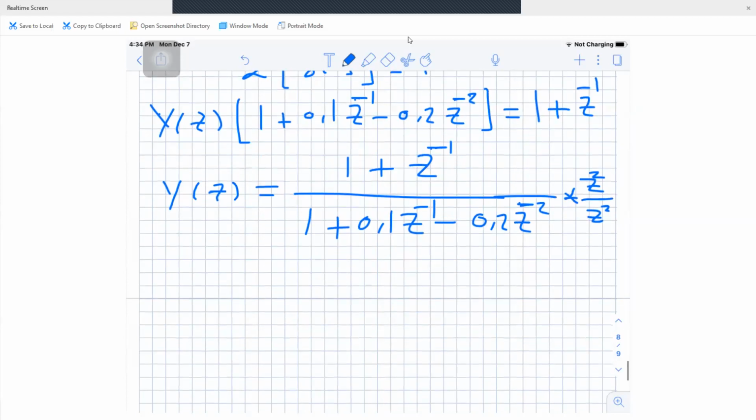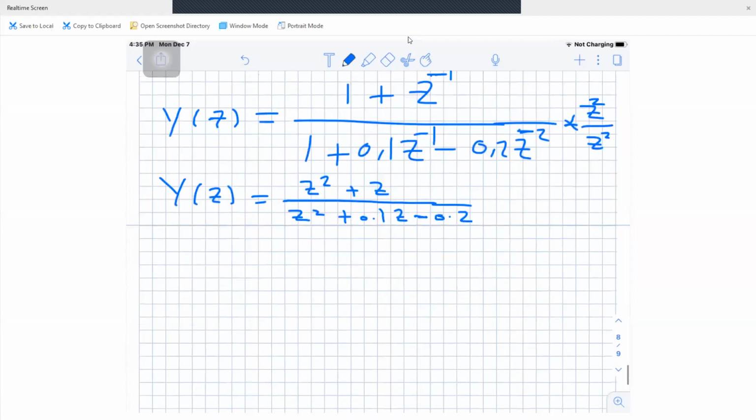So the equation becomes y capital of Z will be Z squared plus Z divided by Z square plus 0.1 Z minus 0.2, and it will be simplified more and becomes Z multiplied by Z plus 1 divided by Z minus 0.4 multiplied by Z plus 0.5.